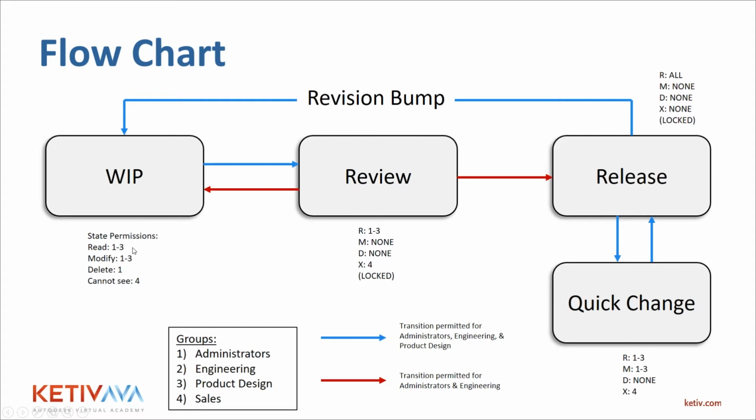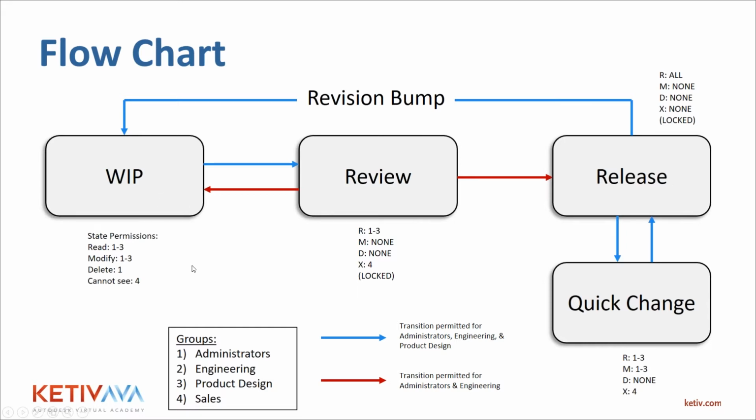We want them to be able to read any files at this state. We want that same group to be able to modify files at that state. And we only want administrators to be able to delete files. And we don't want the sales team to see these files at all.